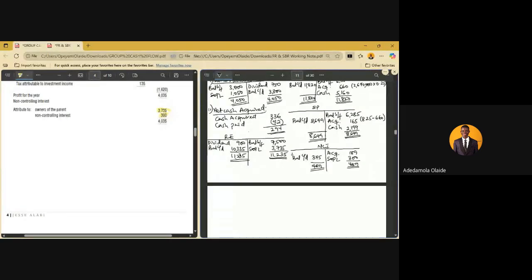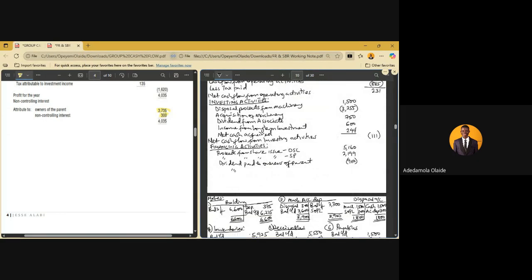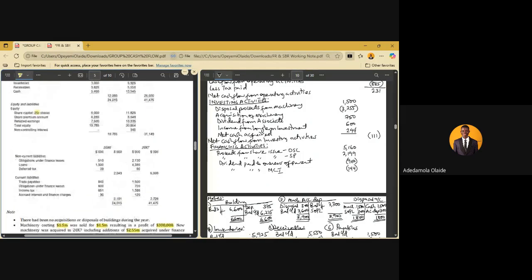Dividend 144. So dividend paid to NCI, 144. Then we can go to the next thing. Finance lease.